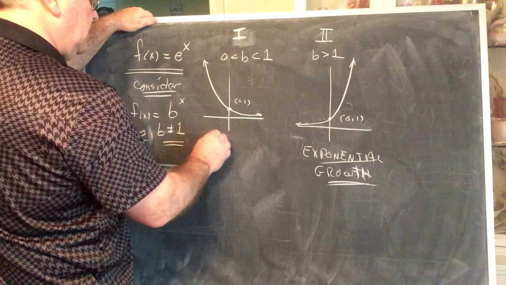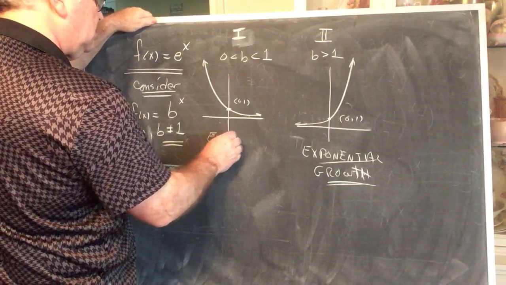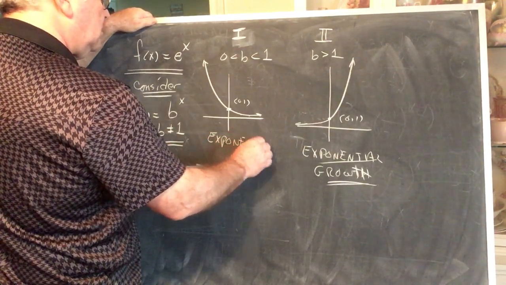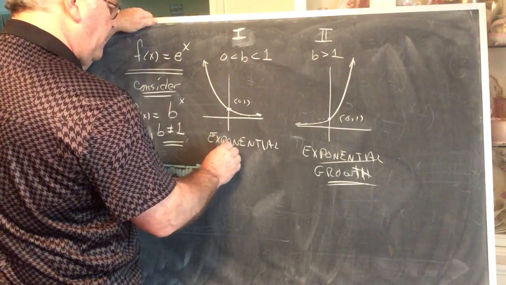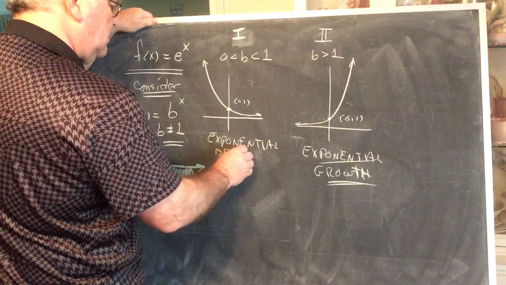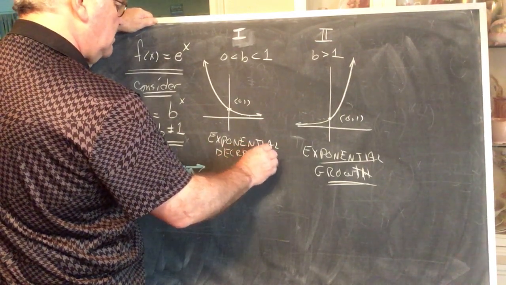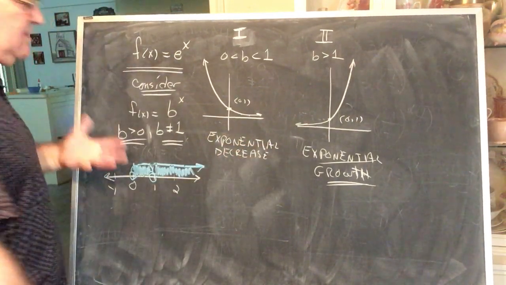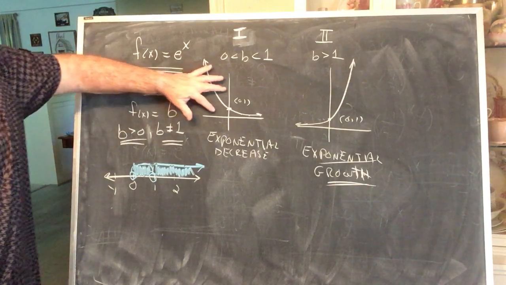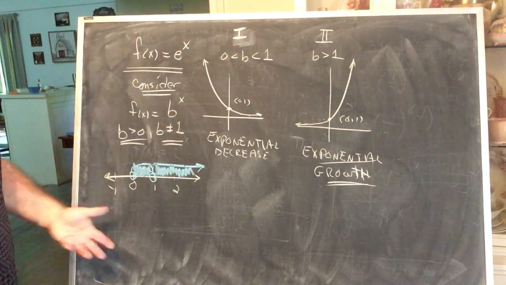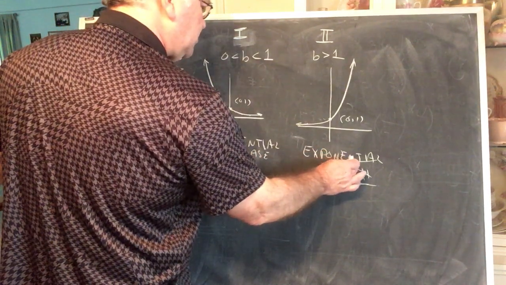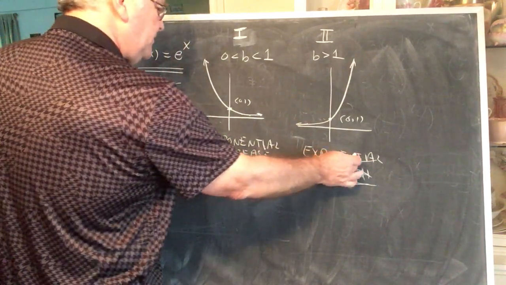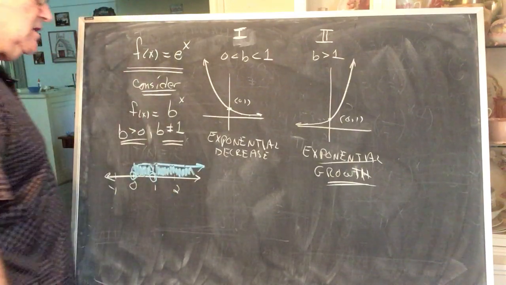Whereas this is called exponential decrease, or exponential decline. Strictly speaking, it's also exponential growth. It's just that negative growth is decrease or decline. So we have exponential growth and exponential decrease. Both of these are exponential functions.